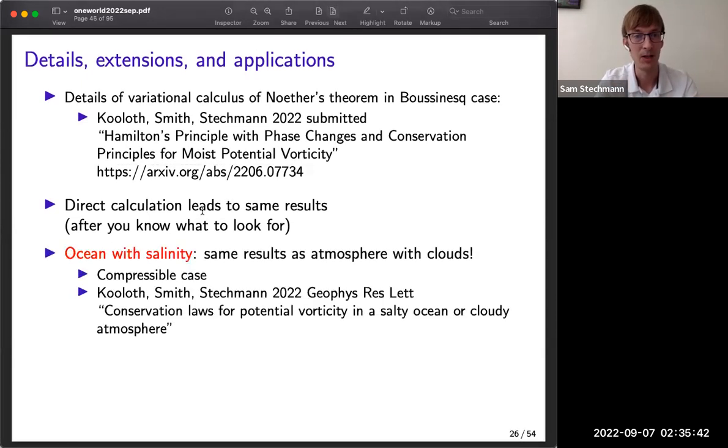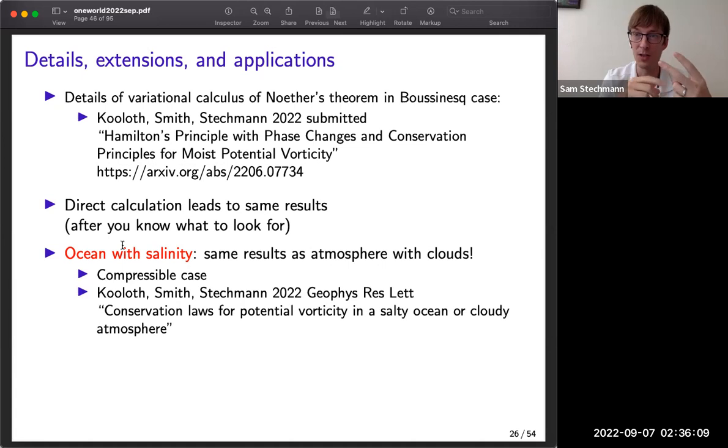Another interesting surprise is that all of these theorems, like the circulation theorem and the PV integrated over pancakes, are also true for the ocean with salinity. In all that I just described about the particle relabeling, I didn't mention phase changes at all. All I said is that there are two quantities, the equivalent potential temperature and the total water.